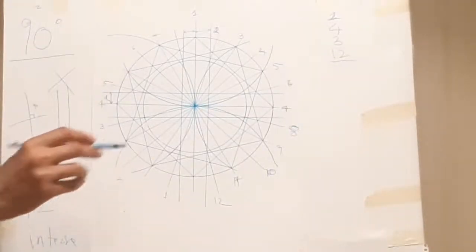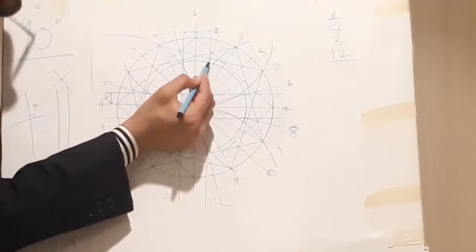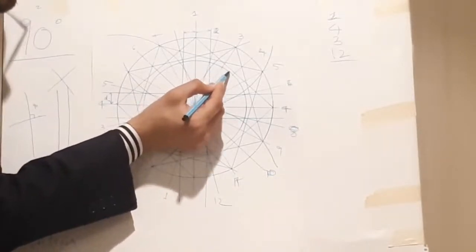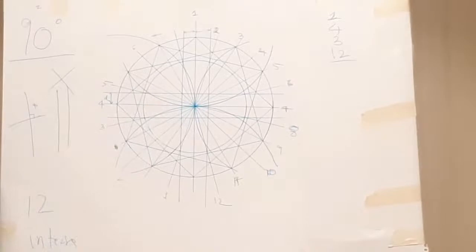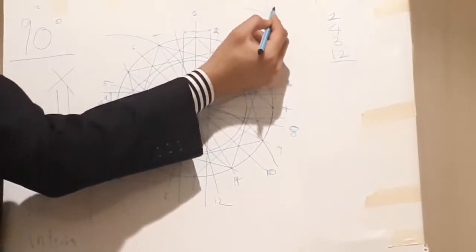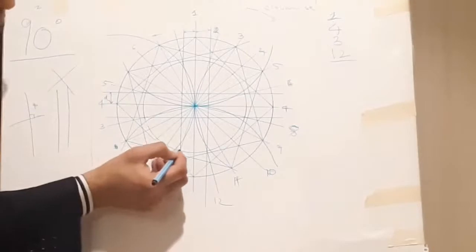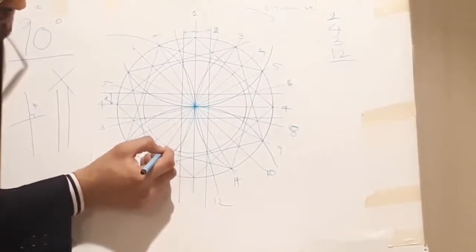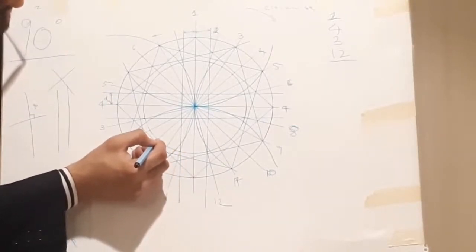So what I'm going to do is, I'll continue 1 step ahead and 2 step ahead. I will move clockwise. At this point, I will move 1 step backward and 2 step backward.